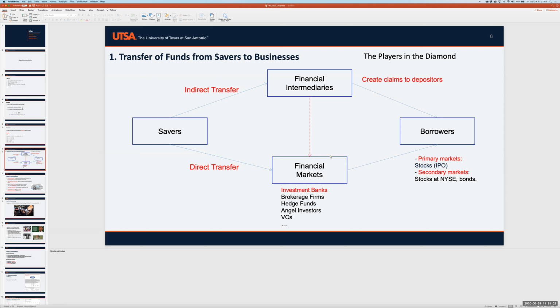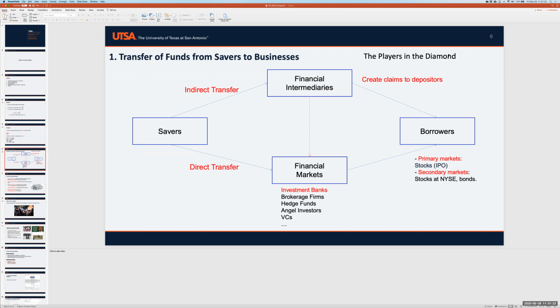So every chapter we just visit some of them. We already visited the indirect transfer, direct transfer, and we explained financial intermediaries, and we talked about primary markets and secondary markets. But every chapter we just visit these players in the diamond graph.